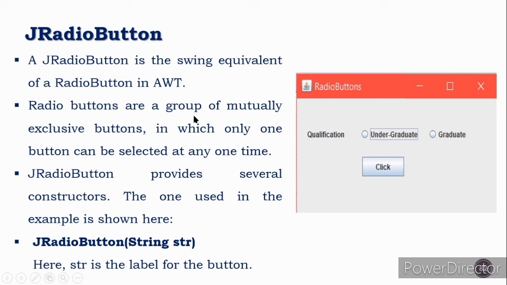We call that mutually exclusive buttons. It means if one button is selected, we can't select another button. If we select another button, the previous button will be cleared. So radio buttons are a group of mutually exclusive buttons.